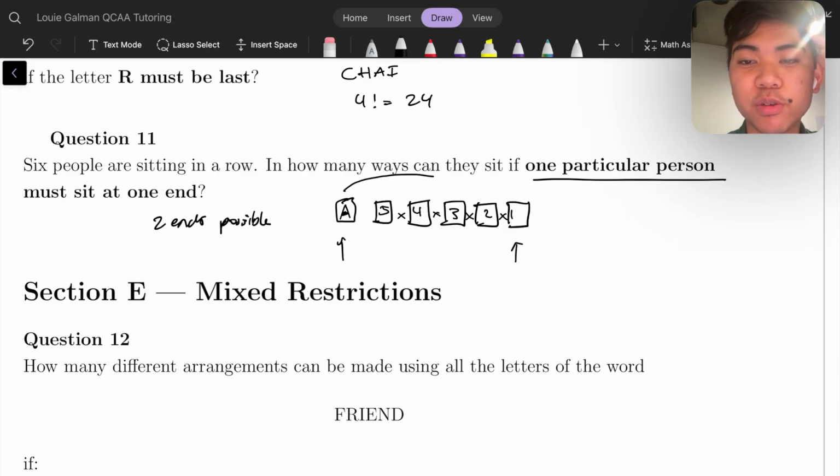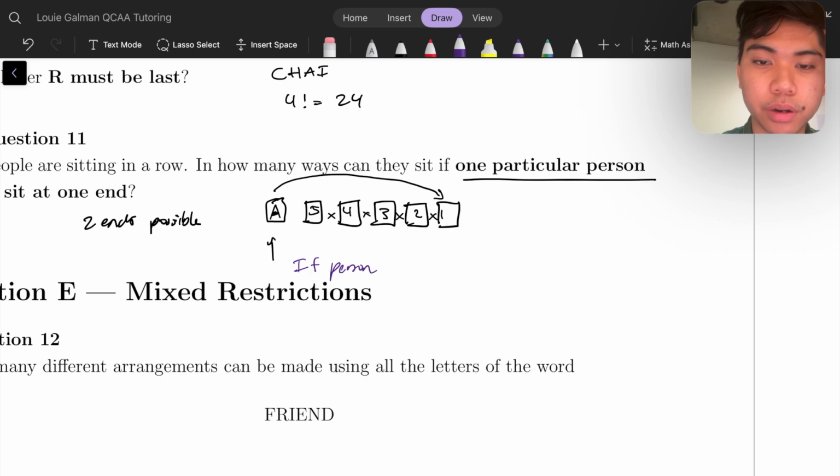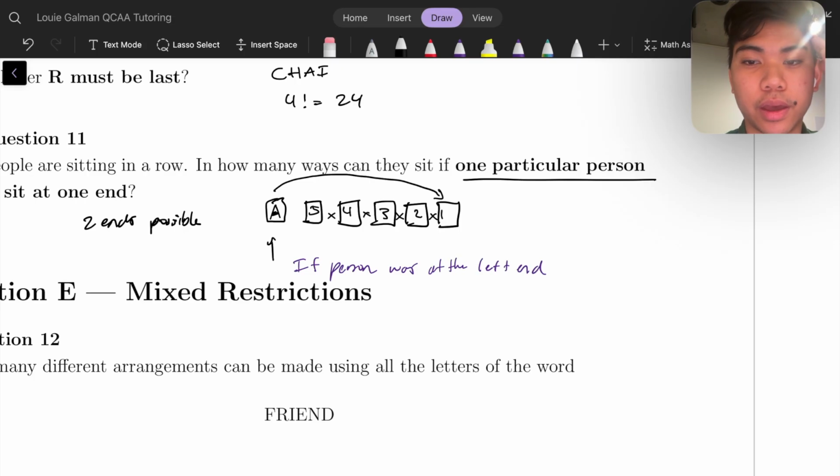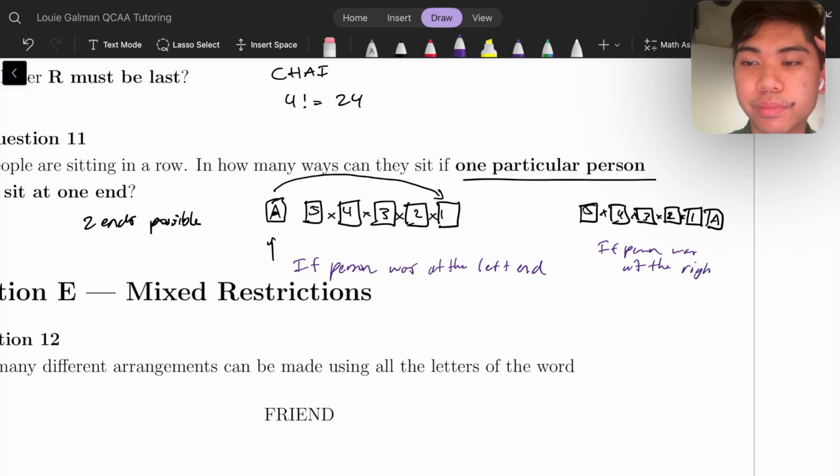However, because A can also be at the end, say this combination is if person A was at the left end, and then this combination here is if person A was at the right end, sorry.